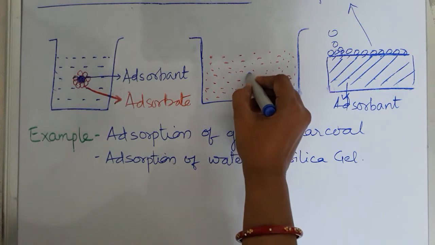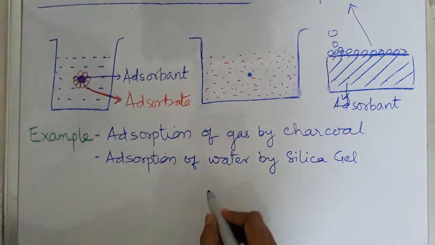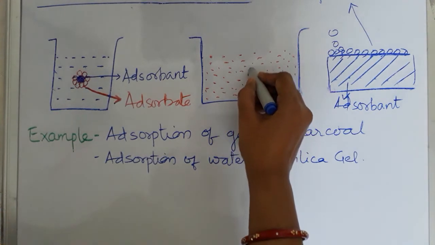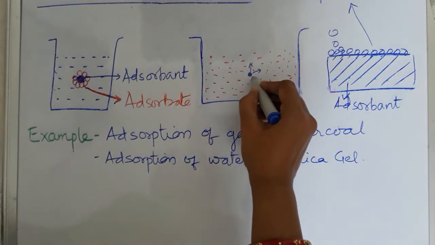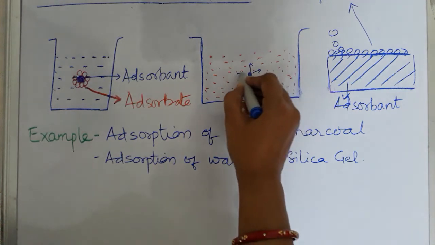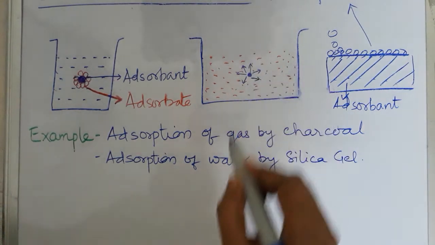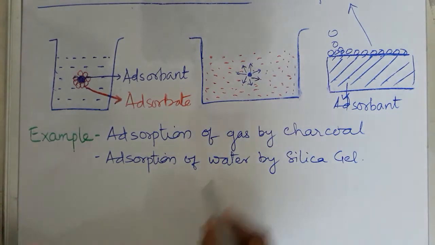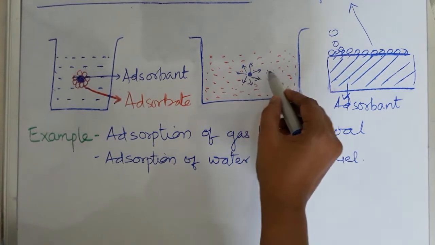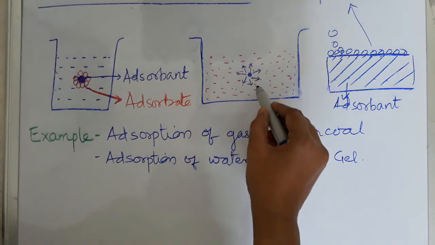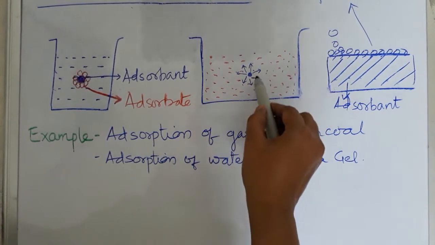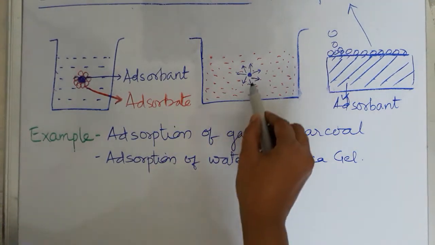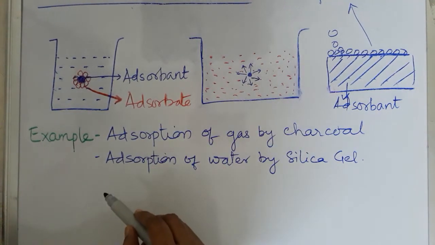Say this is a particle in the bulk. It is surrounded by other particles, and hence it experiences force from all sides. Hence, the net force acting on any particle in the bulk is zero, as equal force of attraction is experienced from all sides.